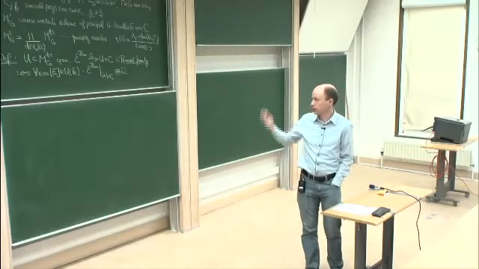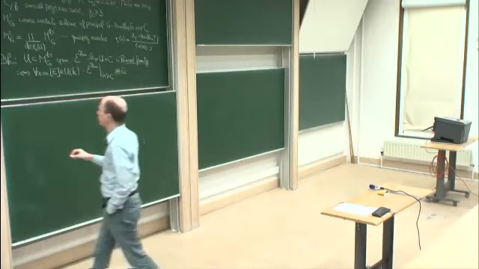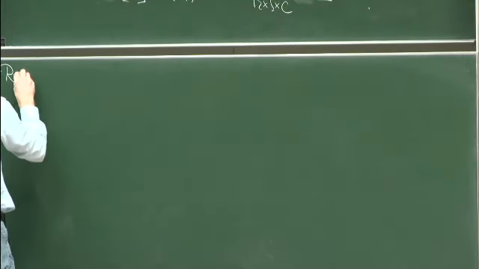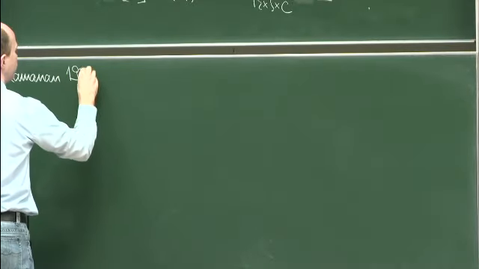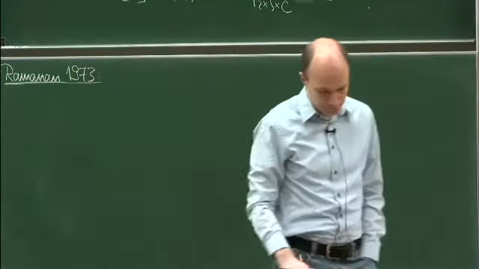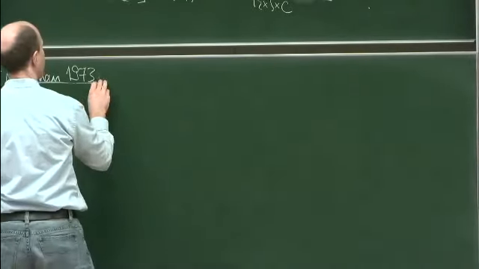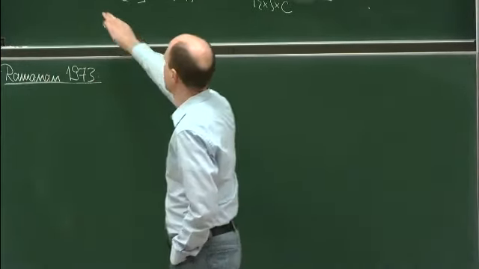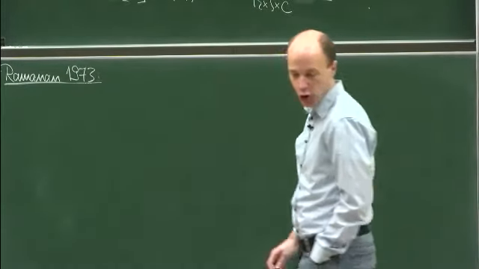Okay, so this is the object. So this is the question: do such things exist? And one of the first main results in this direction is due to Ramanan, 1973. He proved that in the case of vector bundles, such a thing does not exist, no matter how small you make this open part, in the non-coprime case.